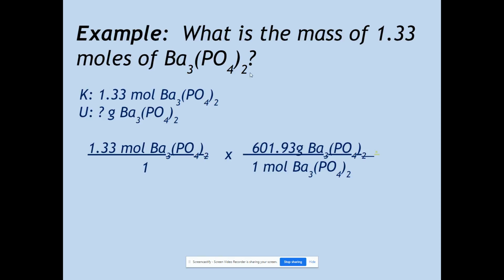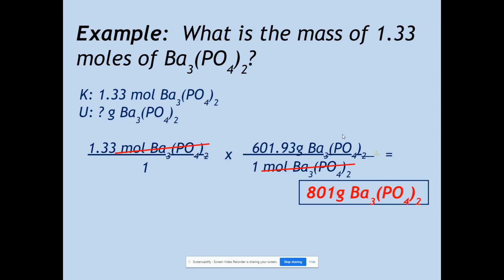You're going to need to calculate how much 1 mole weighs. We did that in the last example. We've got 601.93 grams is equal to 1 mole. Bada bing, bada boom. We're going to cancel our units and get our final answer. So the mass of 1.33 moles of tribarium diphosphate is equal to 801 grams.